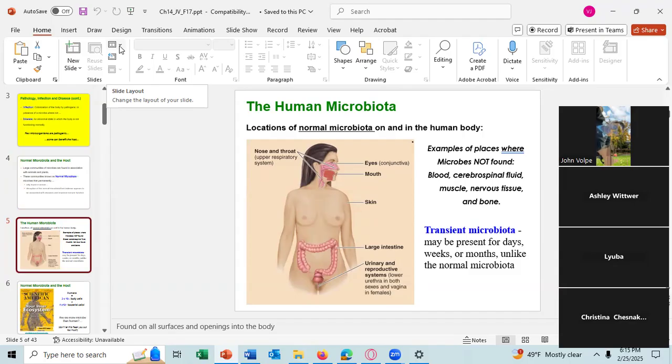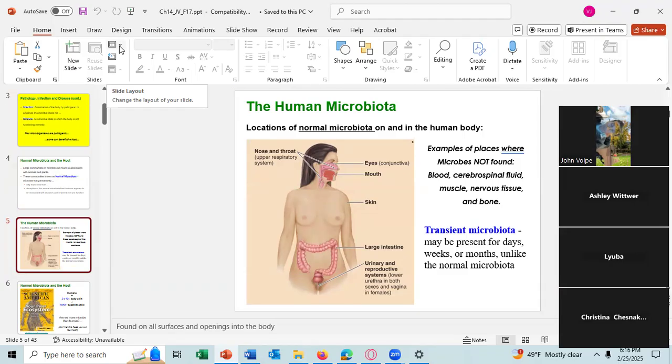For example, domestic kitty cats, but probably other cats too, have Bartonella henselae as a normal part of their microbiota, meaning that bacteria grows in and on cats, and it doesn't cause the cat any disease.